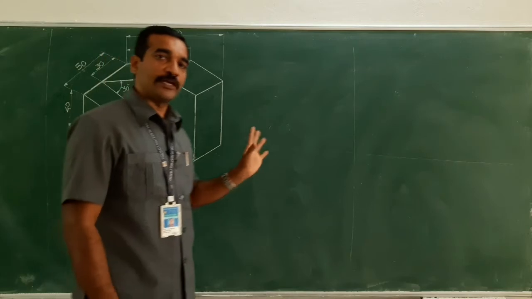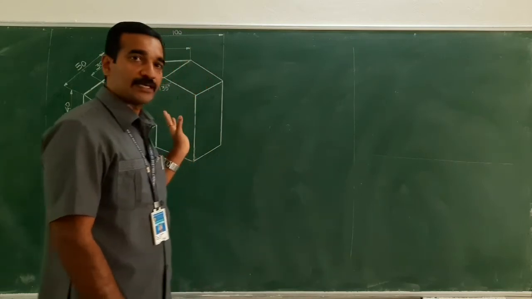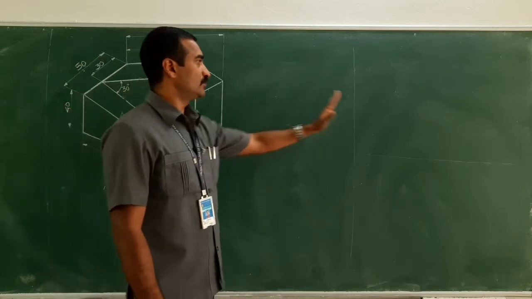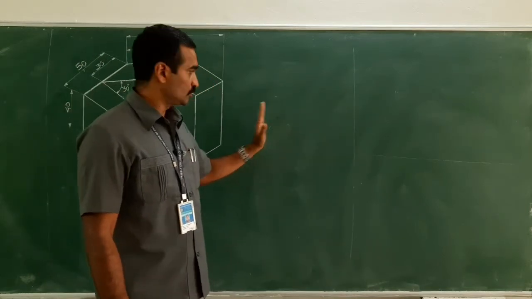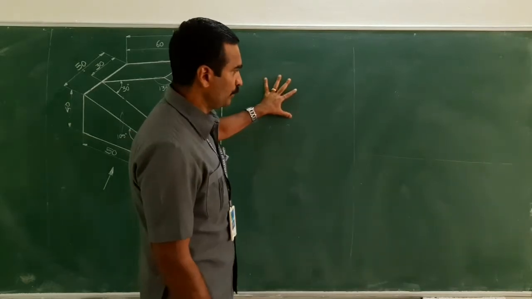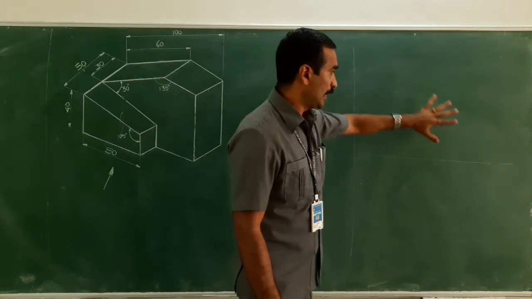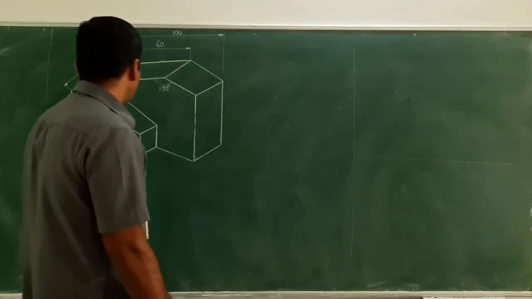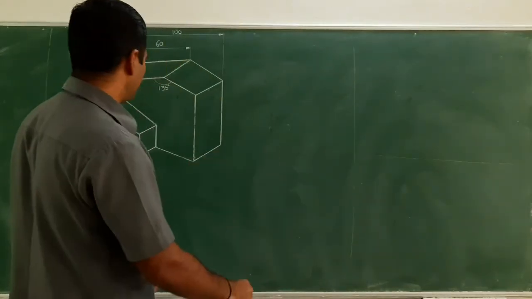Therefore, the image which I capture here is a right side view, but left of the front view I need to draw. So this space is allocated for the side view, this is for the front view, and this is for the top view, right? Fine. Let me start this diagram first.